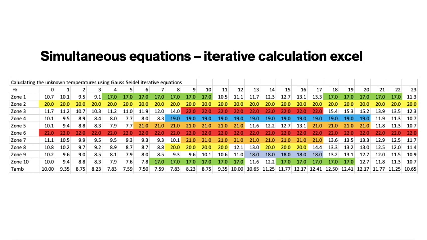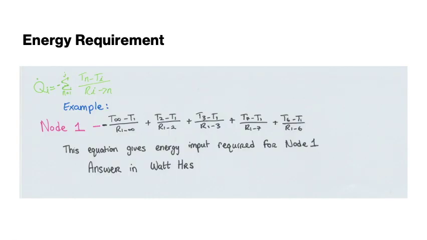Solving them simultaneously can be quite a long process, and there are quite a few unknowns, so we can use an application called Excel, and we can use the iterative calculation function in Excel to give us our unknown values. Now that we have all our unknown temperatures in each zone, we can rearrange our equation to get our energy requirement.